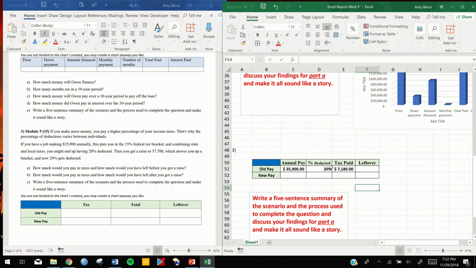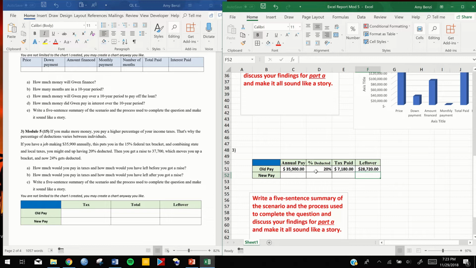All right, now here we have a nice little chart. And what do I have left over? Well, left over is my annual pay minus the taxes that I paid. And that's how much money I have left over after taxes. The $35,000 a year doesn't look as good anymore, does it?